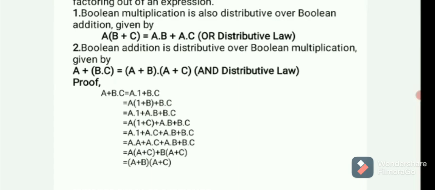So the left hand side, A or B.C. Consider 1, so we can write A.1, putting the value of (1 or B), and multiplying this, and next A or multiplying (1 or C), and we know 1 or C is equal to 1, 1 or B equal to 1, and just multiplication the same as mathematical.